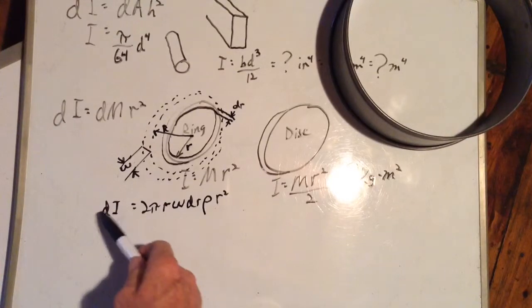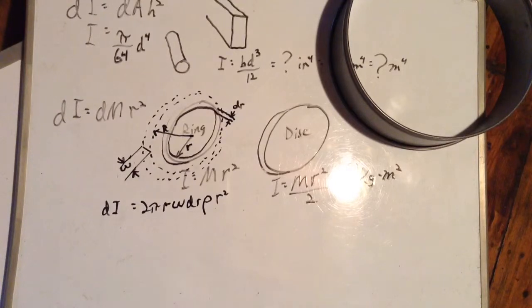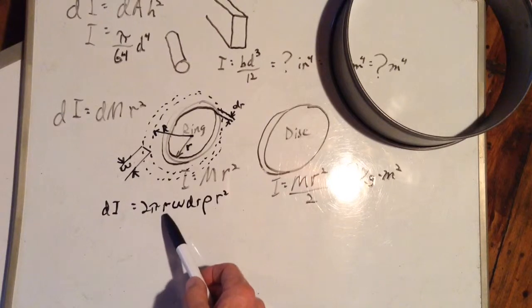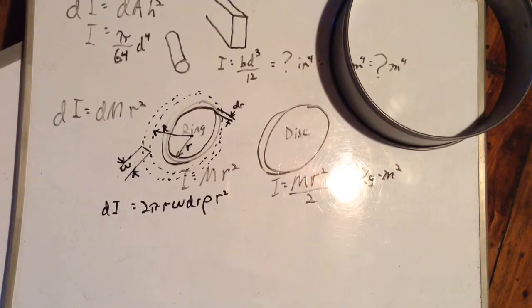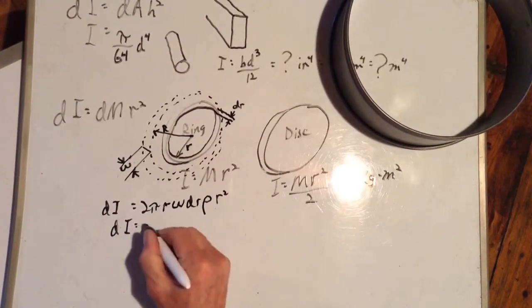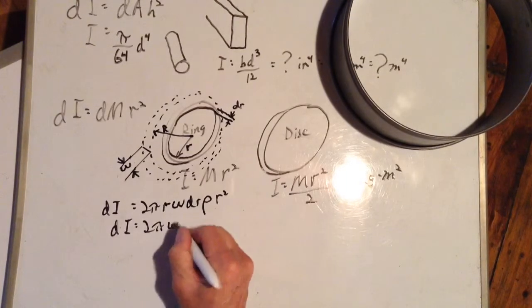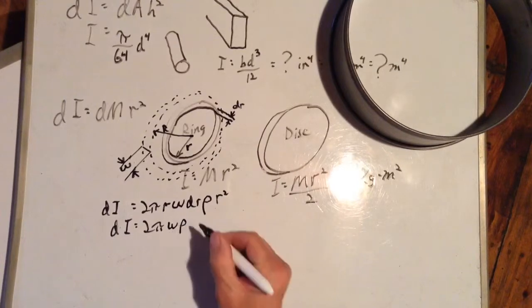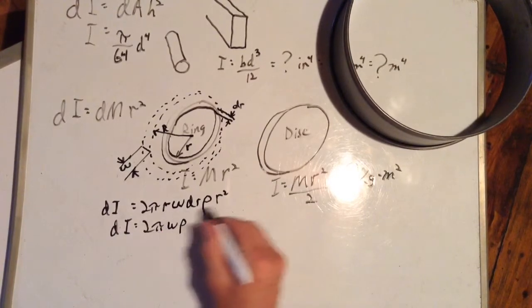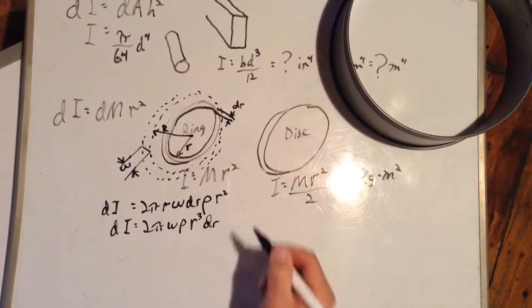Our little teeny weeny increment of moment of inertia equals that. Rearranging the terms, getting all these r's together, there's an r squared. We'll have dI equals 2 pi times width times density times r squared times r, which is r cubed dr.